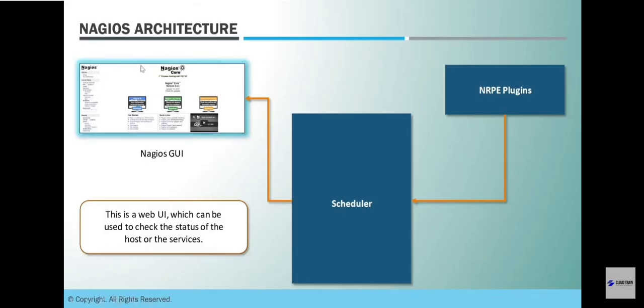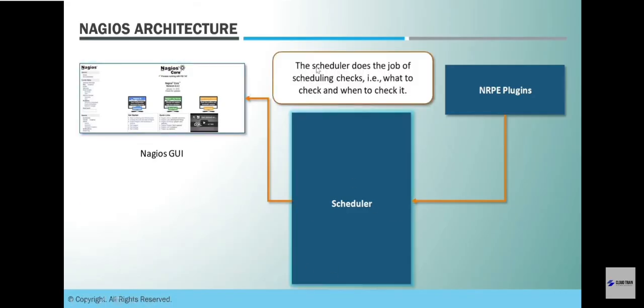Let's see the first component in detail. The first thing, as I said, is a web UI which can be used to check the status of the hosts and services. This will give you the status of your connected devices, the healthy status and the unhealthy status; everything can be viewed here on the Nagios Core UI. Next is the scheduler.